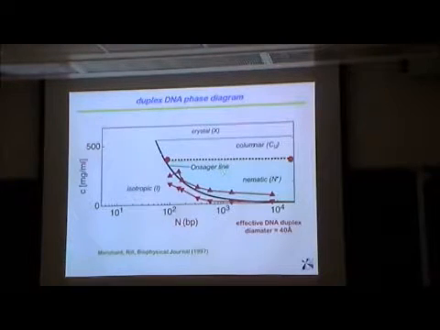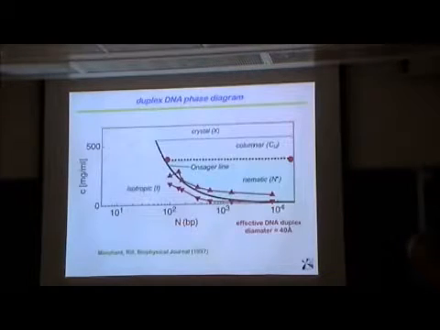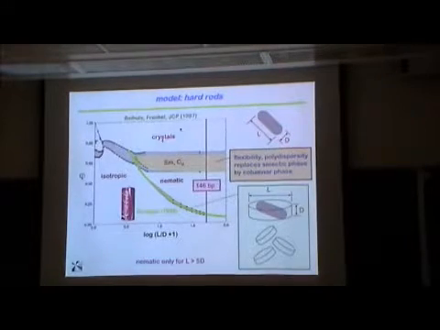Then there's a phase boundary from nematic to columnar, which also agrees pretty well with this calculation. Now an interesting question is, you get pretty much what you expect for 146 base pairs. And if you look at this, you might wonder, how short can you make DNA and still get little crystals?